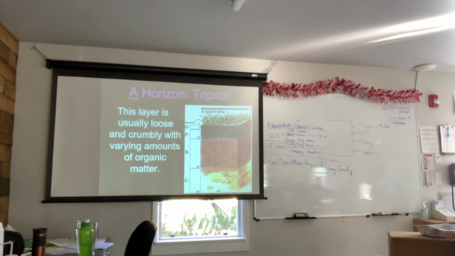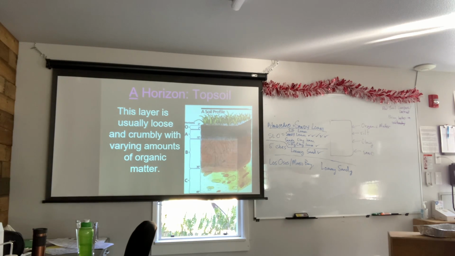So in places like a rainforest, would the organic matter layer be really high, like a lot? The rainforest is a really interesting soil. It's actually a fairly poor soil. It doesn't have a lot of nutrients in it, I should say, not that it doesn't grow much.